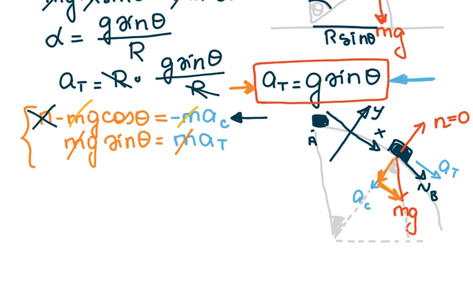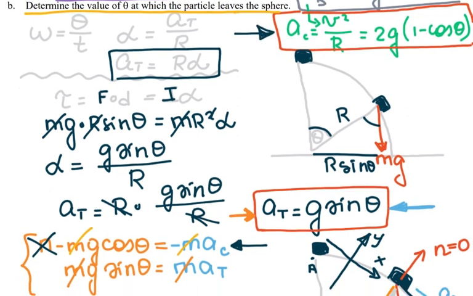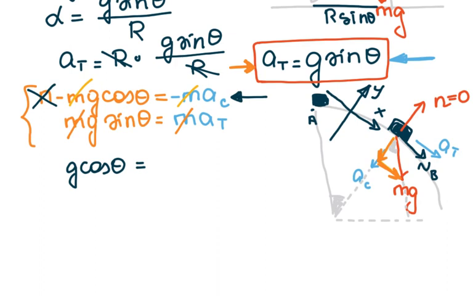What I'm going to be left with is g cosine theta is equal to, and we found that centripetal acceleration is equal to 2g(1 minus cosine theta). So I'm going to say 2g(1 minus cosine theta).